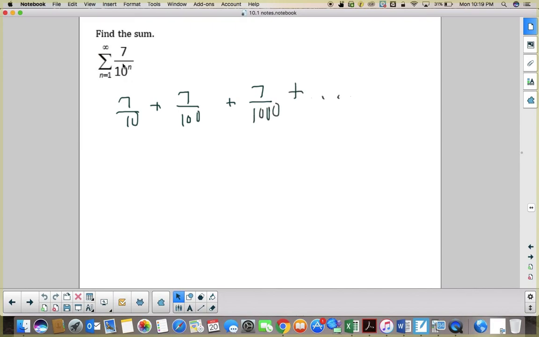And if you notice, this would be 0.7, this would be 0.07, and this would be 0.007. So this is approaching approximately 0.7. Even though all these things are going past it, if you were to add them, you're still approaching that value. So it's just close to it, probably a repeated decimal. And how you wrote repeated decimals, I don't know if you remember, it was 7 over 9. Those were repeating decimals when you wrote your fractions in 7th grade.